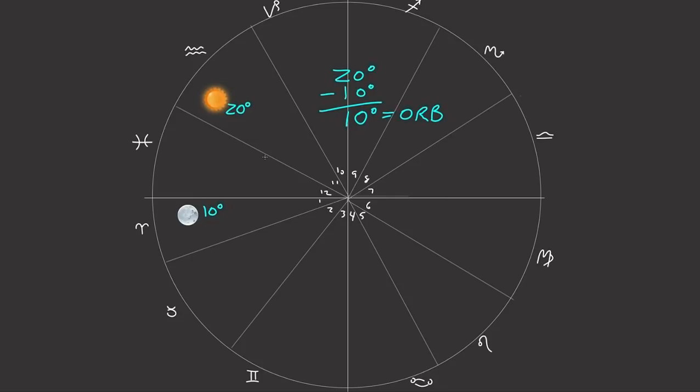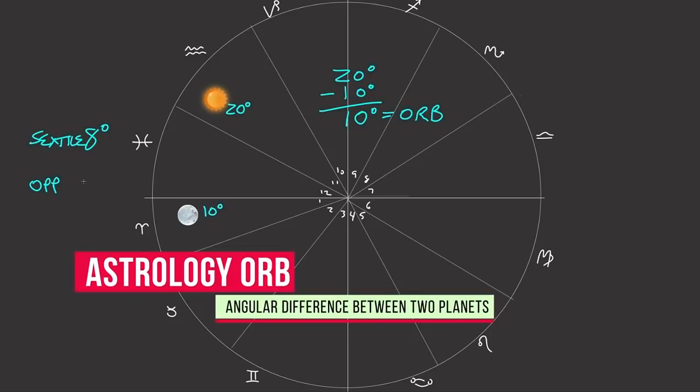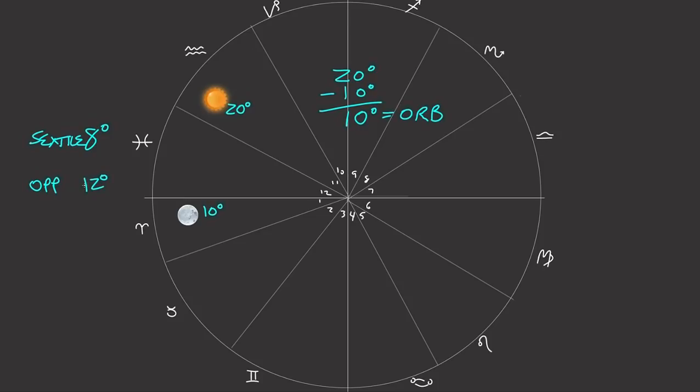So maybe a sextile would be, let's say, an 8-degree orb. And then an opposition, for example, would be maybe higher, at 12 degrees or something like this. So you have a differential in orbs that you are concerned about based upon the relationship between the two planets.